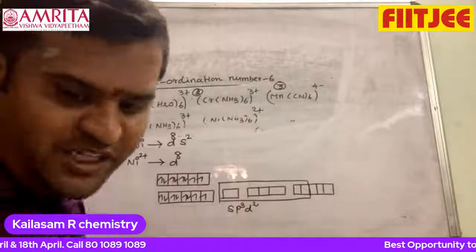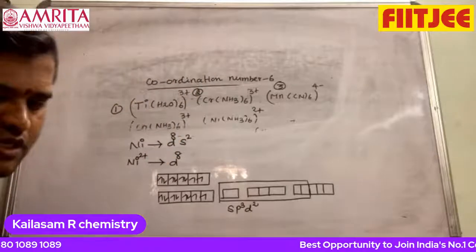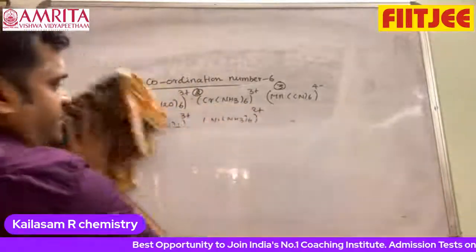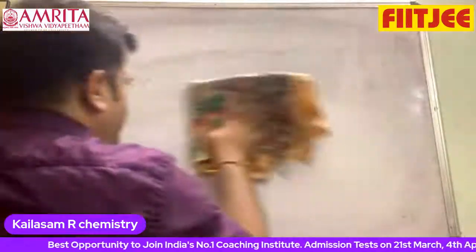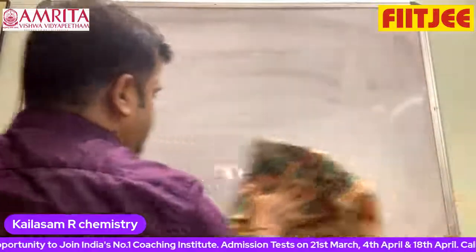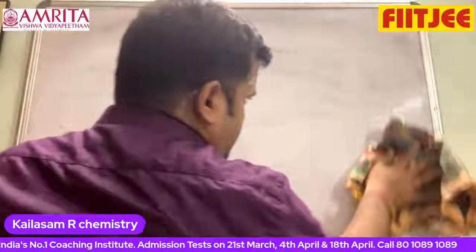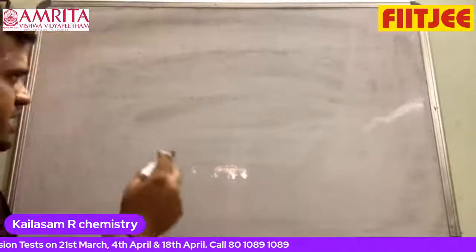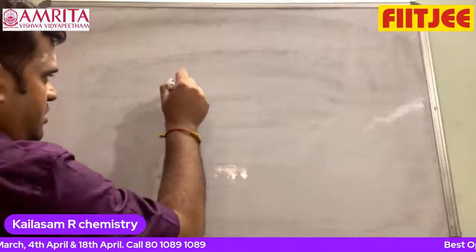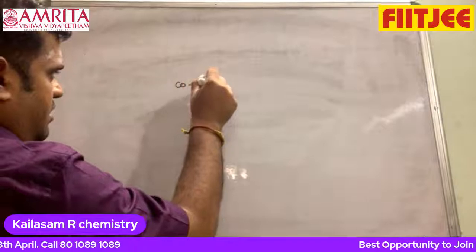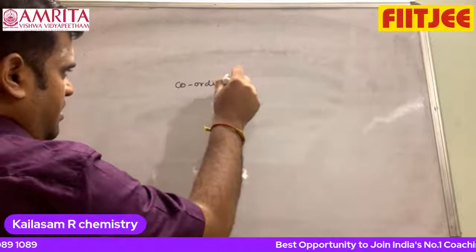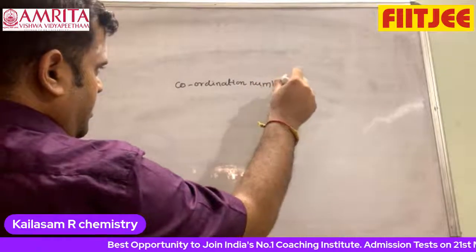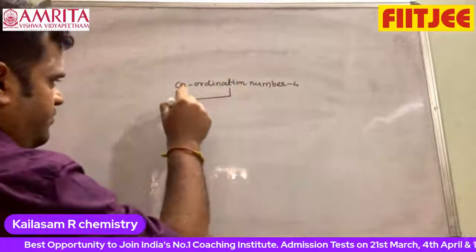Now come to the point of coordination number 4. Look at this. Now we'll go with coordination number 4 in two categories. In coordination number 4, we have 2 categories.